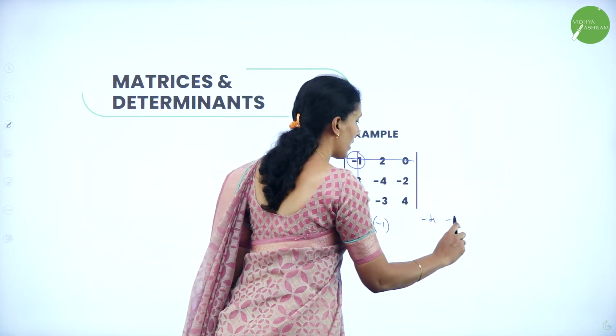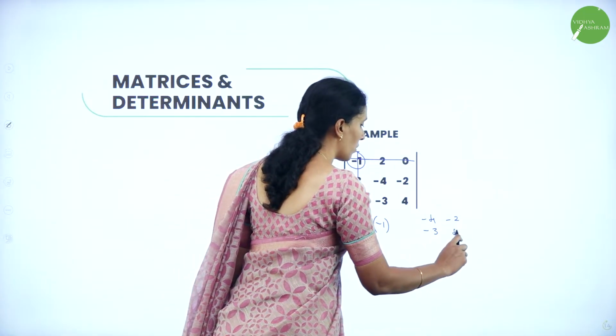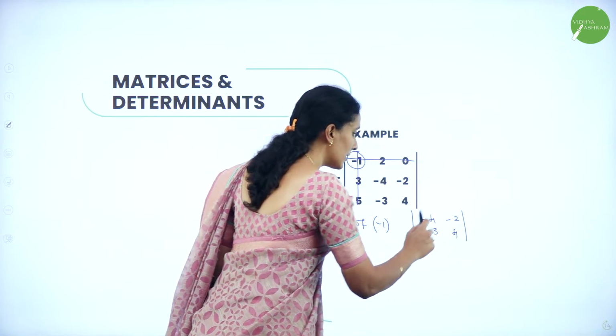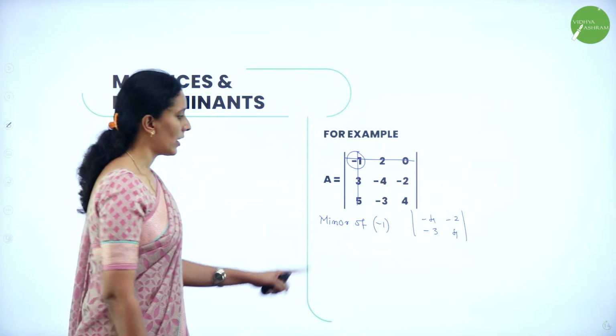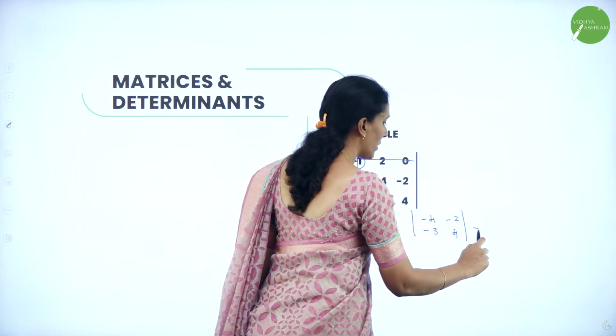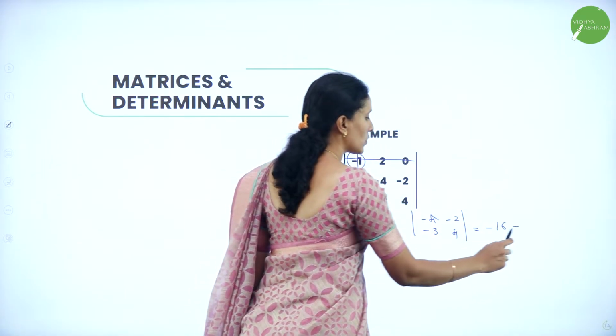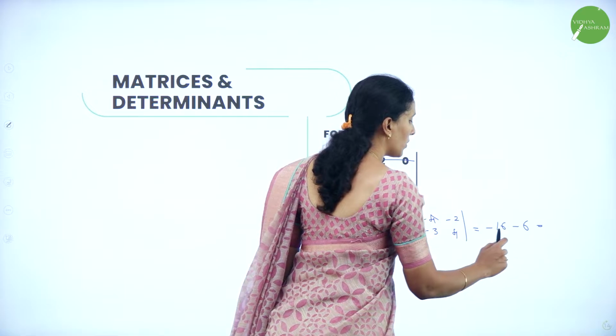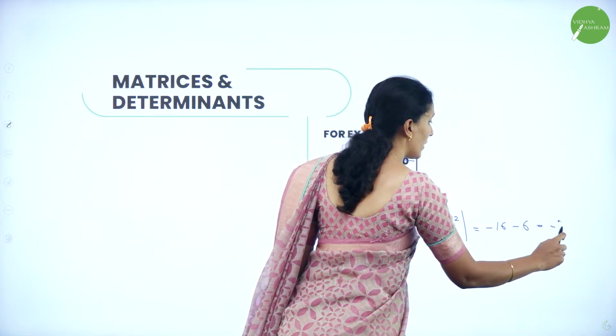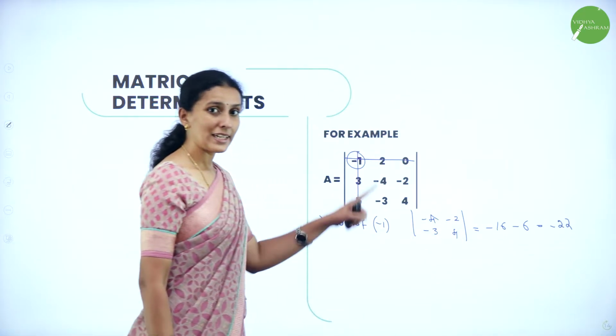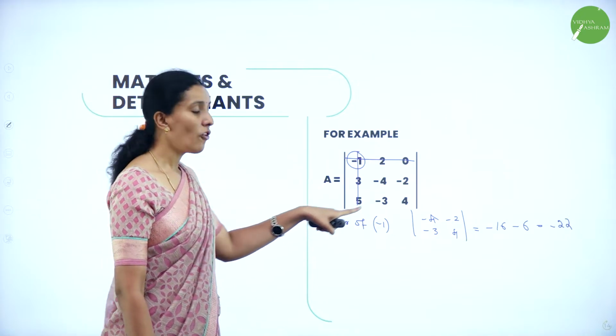Minus 4, minus 2, minus 3, 4. So the determinant of these values, that is minus 4 into 4 becomes minus 16, minus of minus 3 twos are 6, which is equal to minus 22. So minus 22 will be the minor of minus 1.